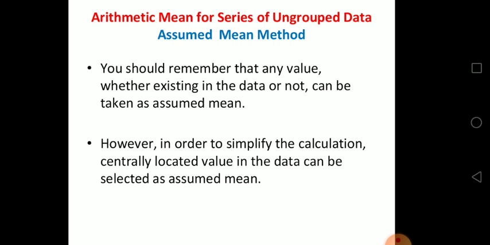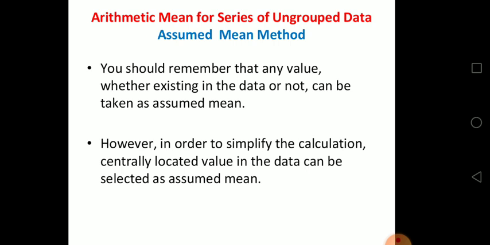For instance, if you have 2, 3, 4 as the observations, then I will advise you pick the centrally located value.